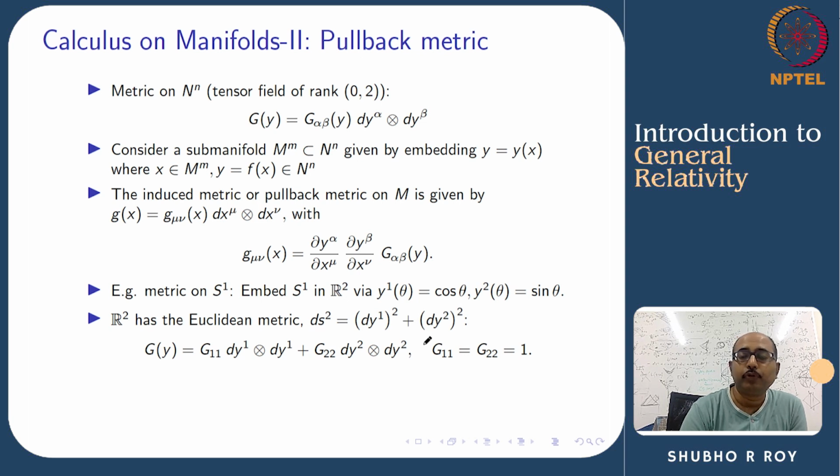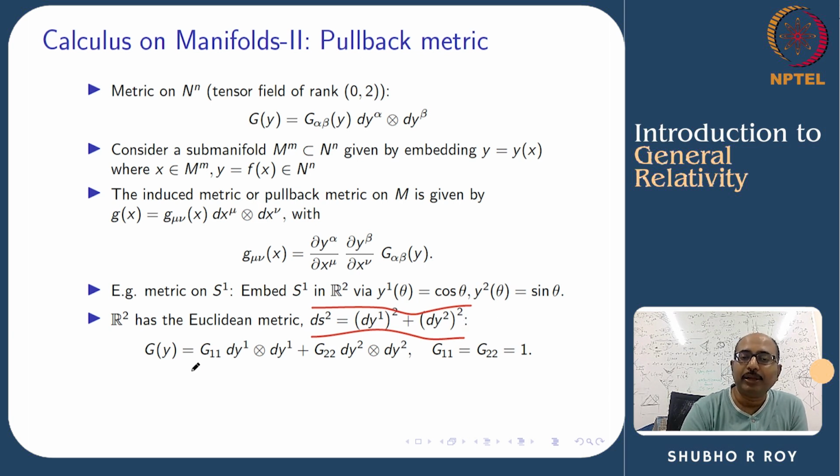But before that, let me discuss the metric on R2. Most of you are familiar with writing the distance in R2 by the Euclidean or Pythagorean distance. For two points whose coordinates differ by dy1 and dy2, the distance squared is given by the sum of squares of dy1 and dy2.